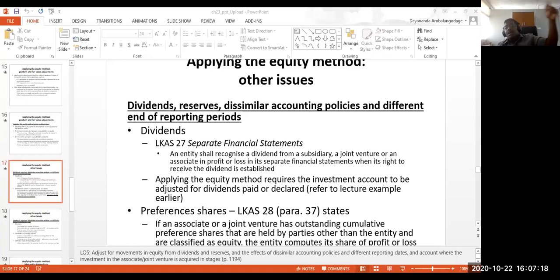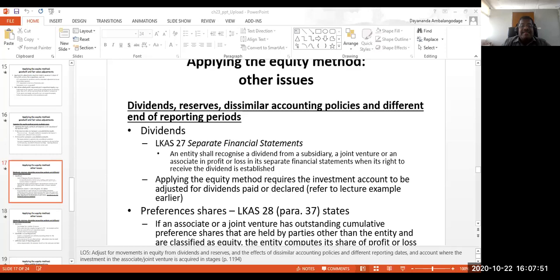The closing inventory becomes the opening inventory this year, so the opening inventory increase will reduce the profit, so you have to reduce the profit by this much. So the investor's share of profit is so much, 25%, and that will be debited to the investment in associate, with the share of profit or loss of the venture credited. So that's how it works for the goodwill and the equity method.